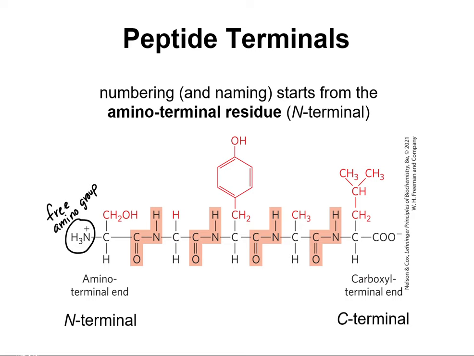The amino terminal is what that N is short for. That is the beginning of the peptide. Then you have all your other residues, which residue is just another way of saying amino acid. And then you have the carboxyl terminal end.